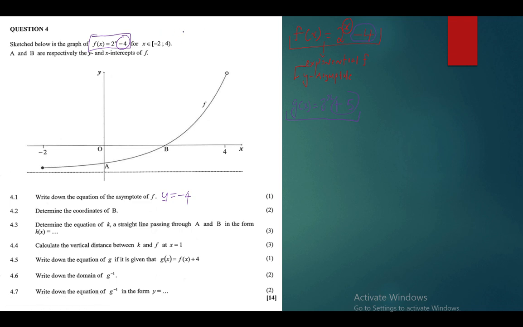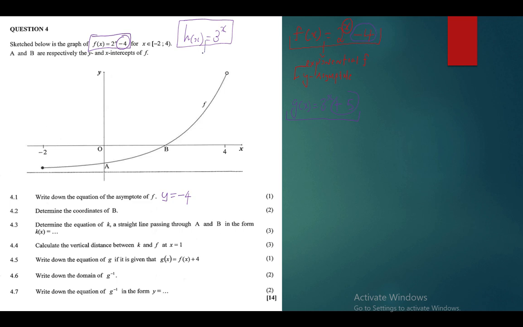So if you had a function like h of x equals 3 to the exponent x, what will be the asymptote of this function? It is still exponential, and exponential has got only one asymptote.